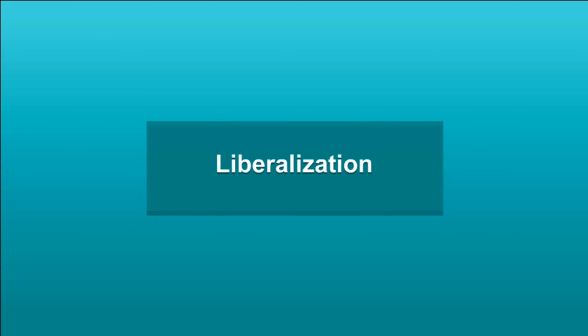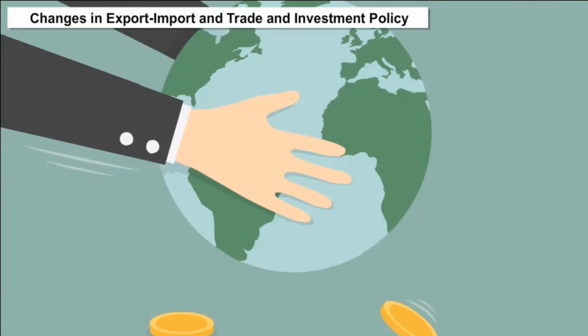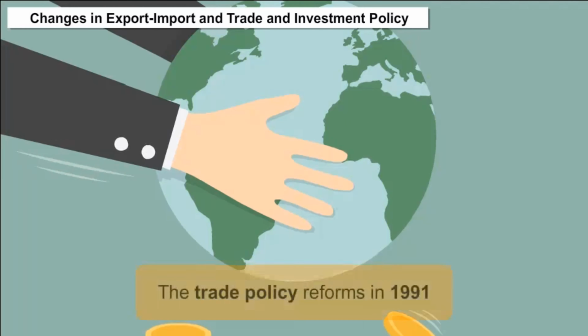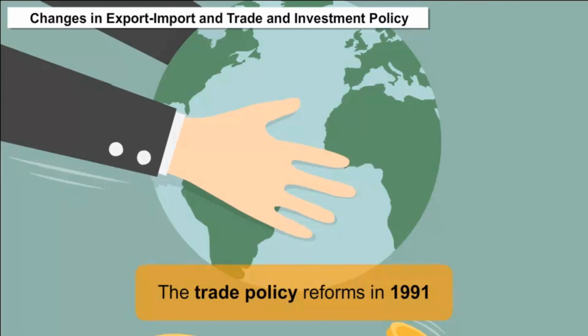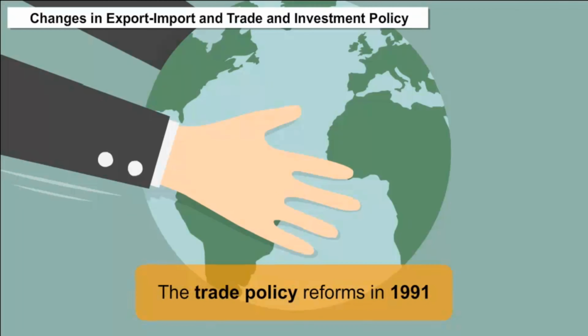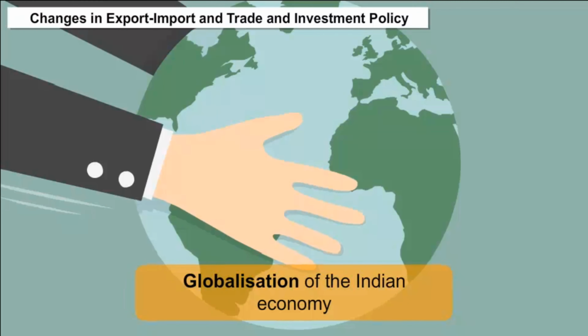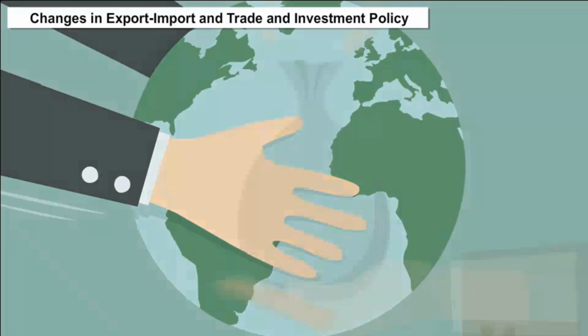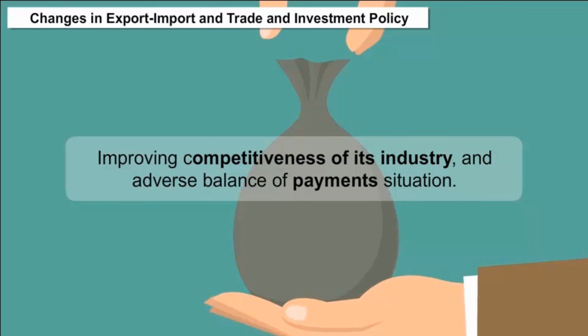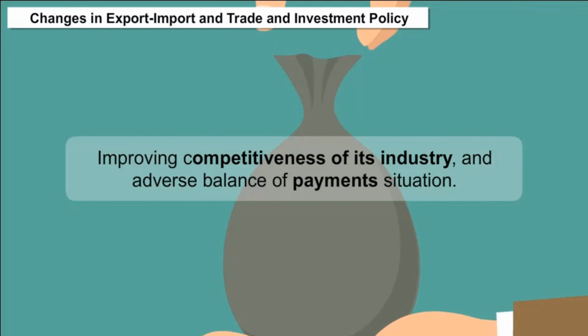Liberalization. Changes in export-import and trade and investment policy. The trade policy reforms in 1991 seem to have been guided mainly by concerns over globalization of the Indian economy, improving competitiveness of its industry and the adverse balance of payments situation.